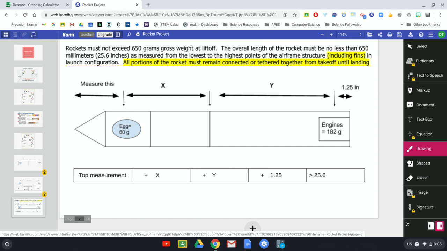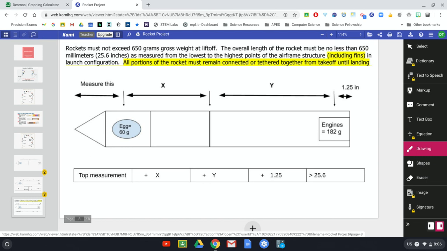And if we end up with it being even a little longer because of your fin placement, then that just makes you even more, you know, meeting the expectation of not being less than 25.6 inches.